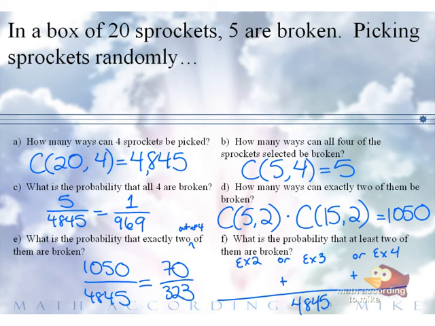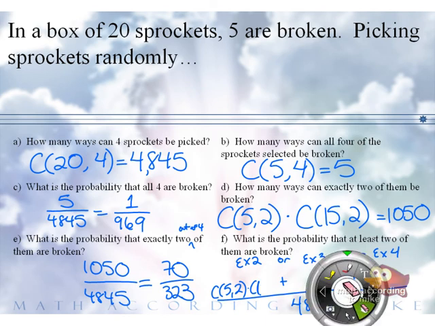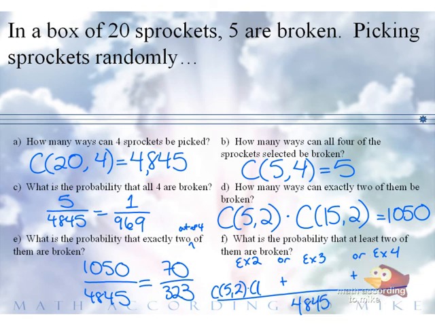So exactly 2 was a combination of 5, 2 and 15, 2. The 5, 2 meant out of the 5 that were broken, we're picking 2. Out of the 15 that were not, we're picking 2.